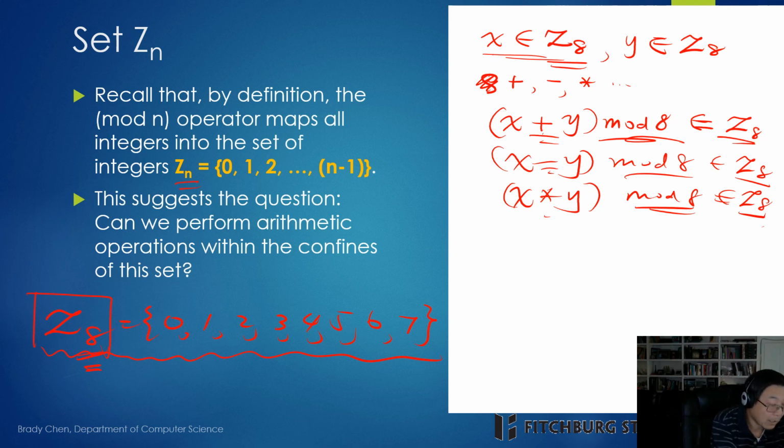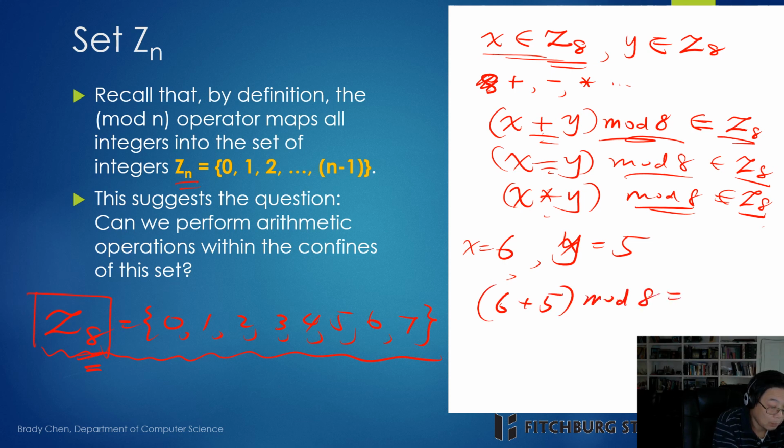So let's take a look at the example. Say we pick x equals 6, and we pick y as 5. Then 6 plus 5 mod 8. What is this? 6 plus 5 is 11, mod 8.